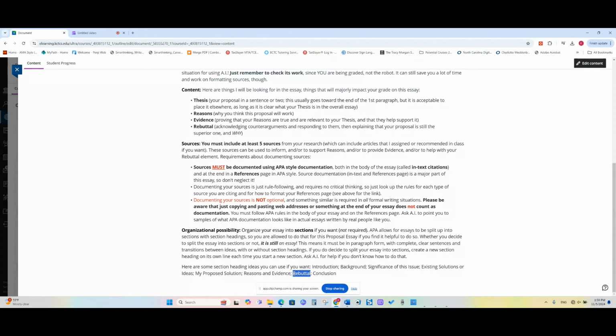Express that, follow it up, and then in the conclusion you're going to close it all out, put a bow on it, and close out the topic, maybe with a comment or two about the overall implications of the issue and the proposal.